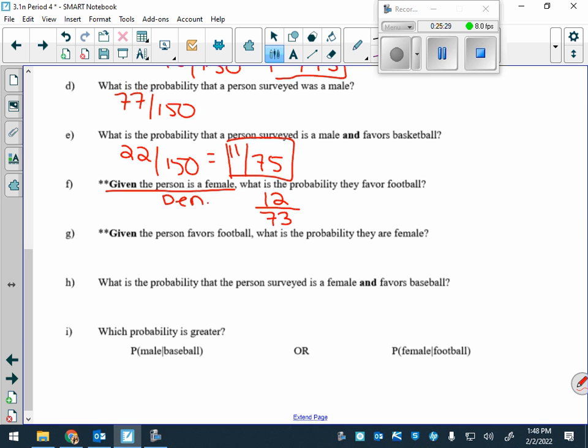And if we look at G, given the person favors football, what is the probability they are female? Go ahead, Noah. Good. We have 52 for total number of football. 12 female, 3 over 13. Good. What is the probability a person surveyed is a female and favors baseball?